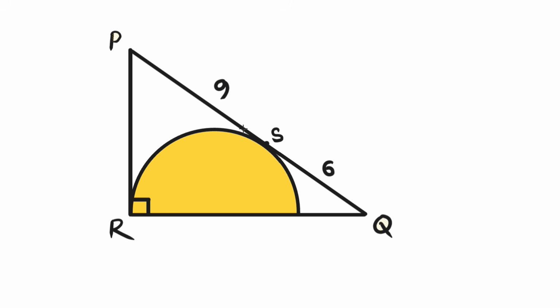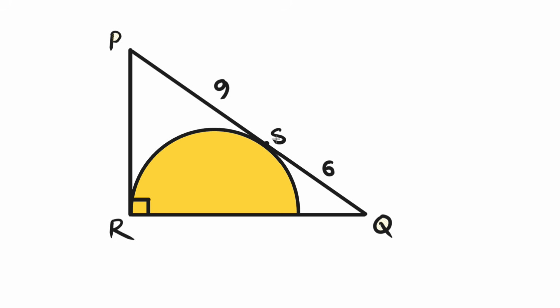Let's begin with the information around point P, because there is a very useful property hiding there. The segment PR touches the semicircle at the end point R of its diameter, and the segment PS touches the semicircle at the point S. So these are two tangent segments drawn from the same external point, P. Remember the important theorem here: when two tangent segments are drawn from the same external point to a circle, their lengths are equal.